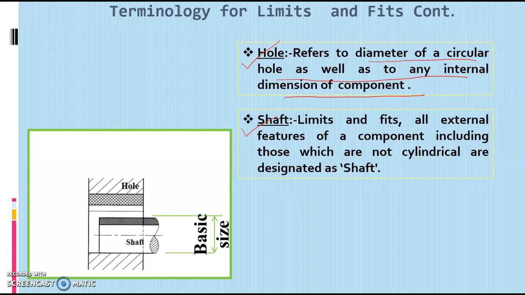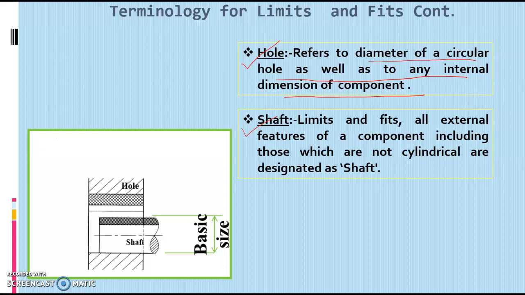It is not necessary to be a circular hole. Any internal dimension of a component will be referred to as a hole. That may be a groove, a square hole, a triangular hole, or a recess, etc.